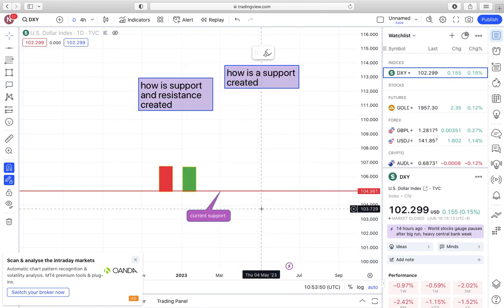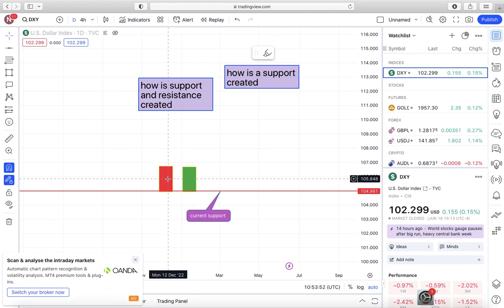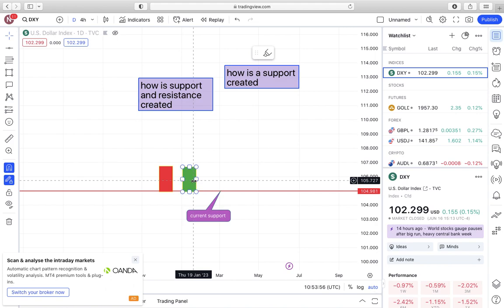Support is created when a bearish candle on a downtrend is formed, followed by a bullish candle. The bullish candle is the green candle, and the bearish candle is the red candle. That is how support is created, guys. And remember, when support is broken, that means there is a continuation of that downtrend.